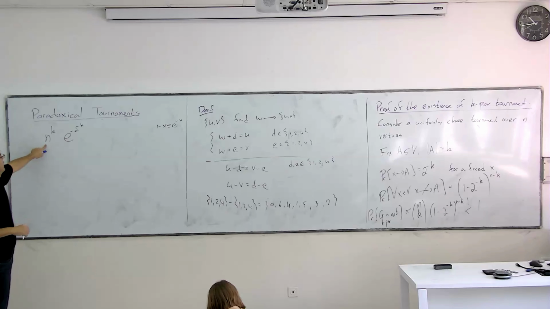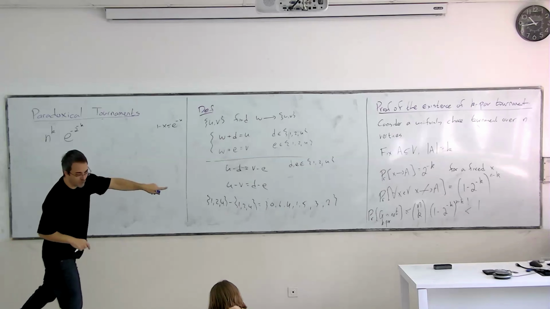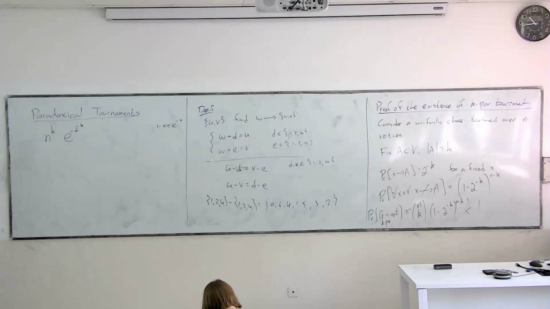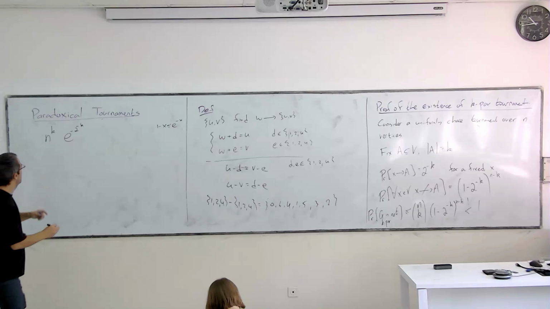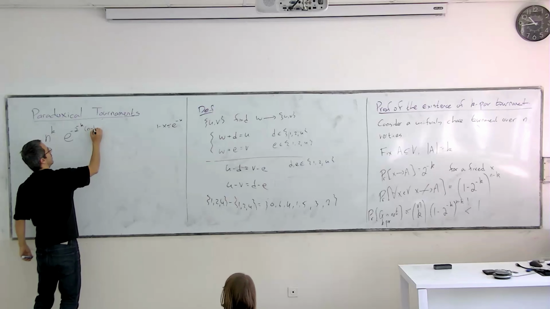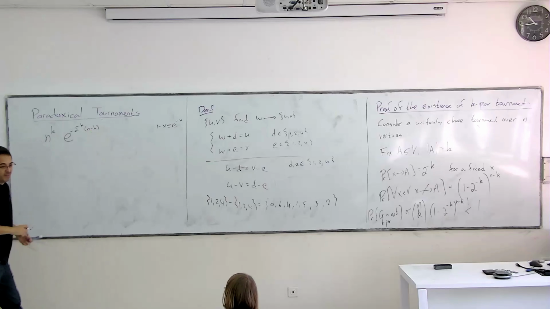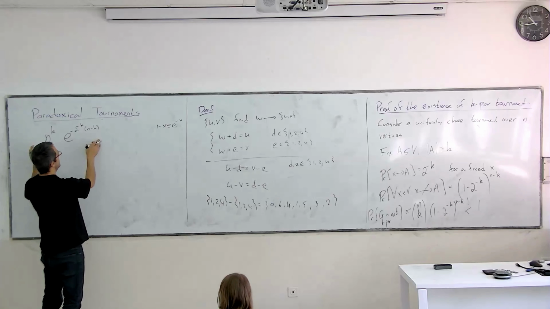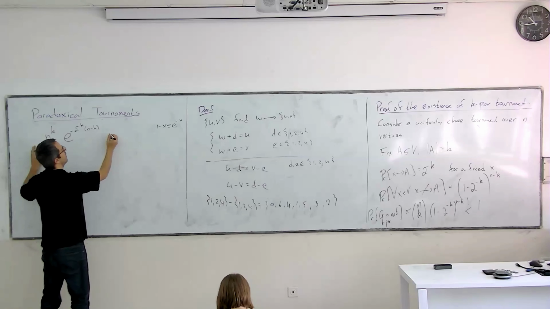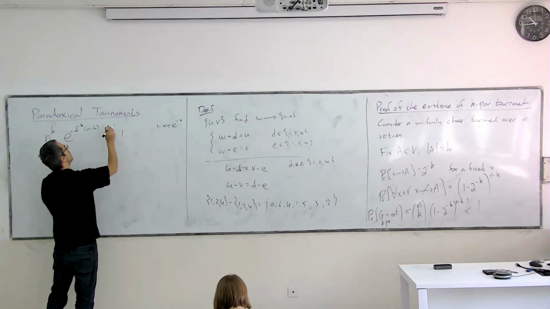Or combinatorially, this is choosing k things with repetition, and this is k without repetition. And of course, I have the n minus k, yes?